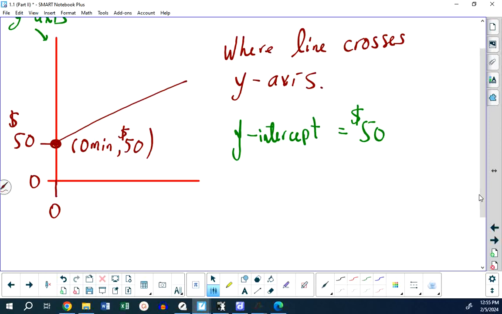And every single question you ever do that has a fixed amount or a flat amount, the y-intercept will be that fixed amount. So this is the flat fee.